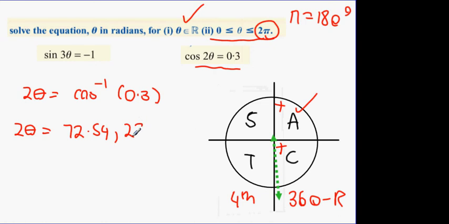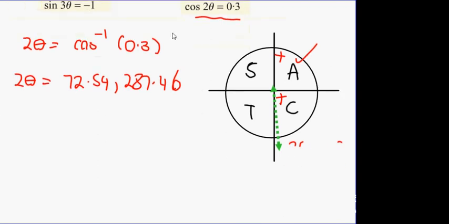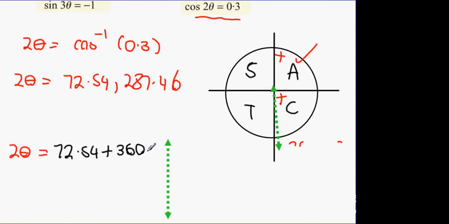Now, what we're not taking into consideration is the rotations. So there's 2 separate answers here, right? We're going to go 2 separate paths. Okay, just divide it down the middle. Path A is 2 theta, ends up to be, just use different colours here, 72.54 plus the 360 n, the 360 rotations.